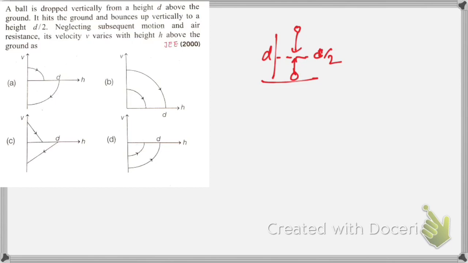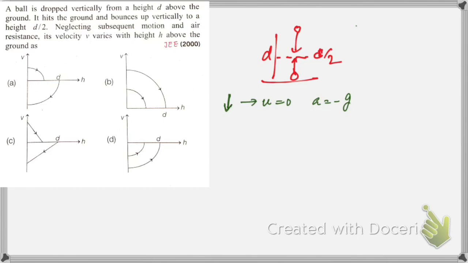Okay, so while it is coming down, initial velocity was 0, right? Then acceleration is going to be minus z, a is equal to minus z, right?